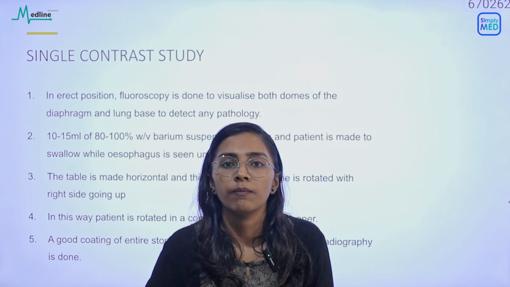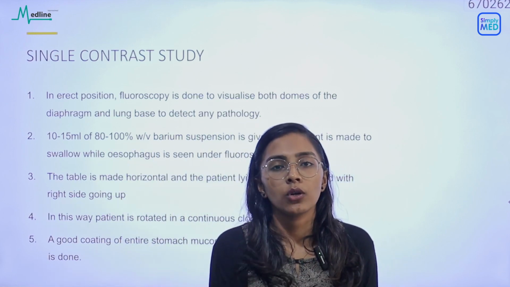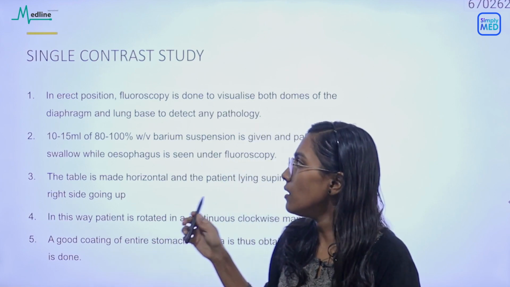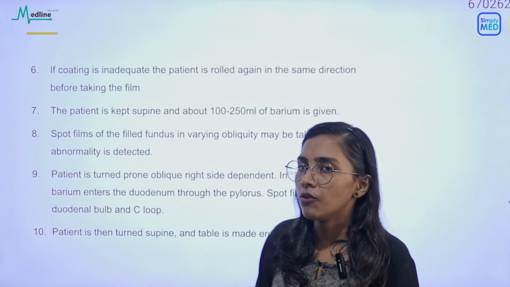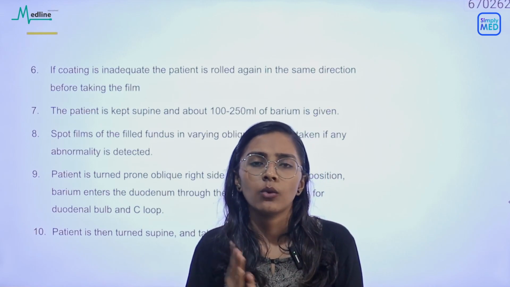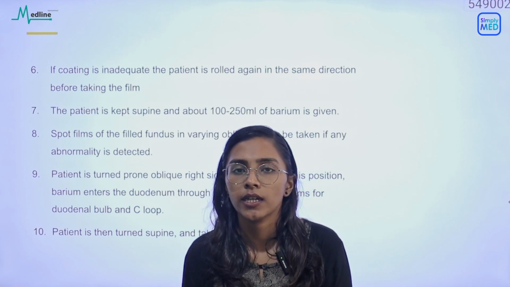Okay, so within this itself, if we get a good mucosal coating, then we can stop the study. Okay, but suppose we didn't get a satisfactory image, that is there is some inadequate coating, then we can go for a further contrast study.